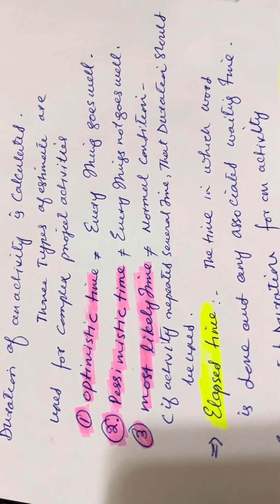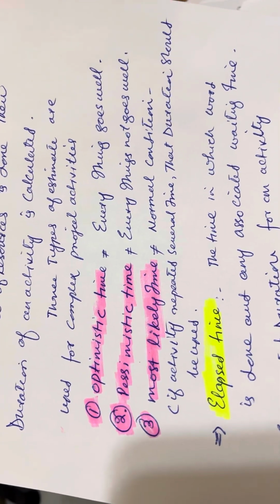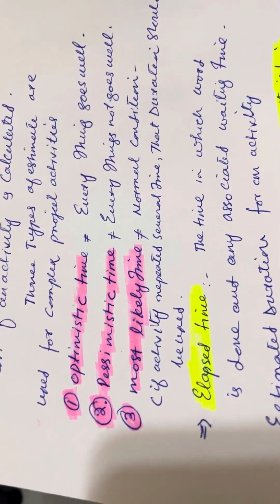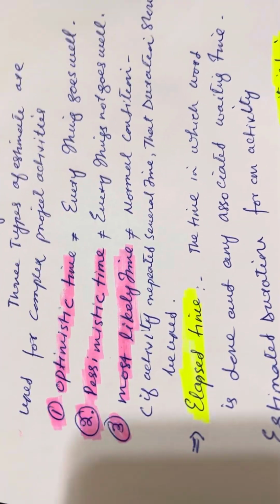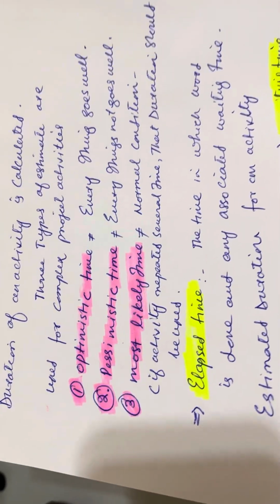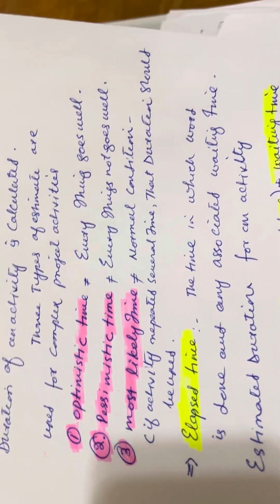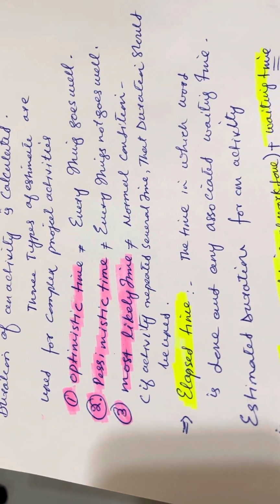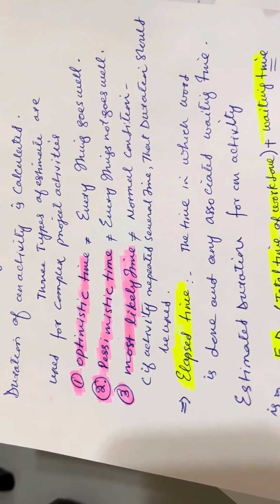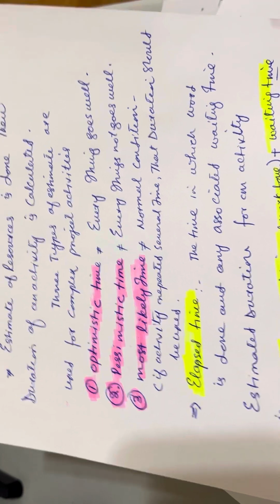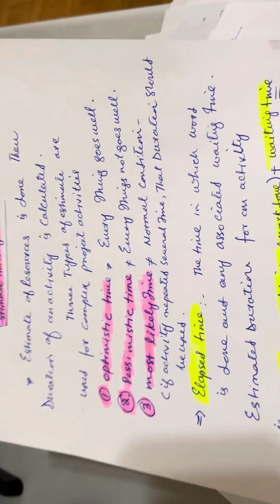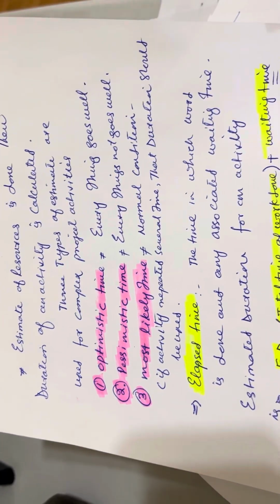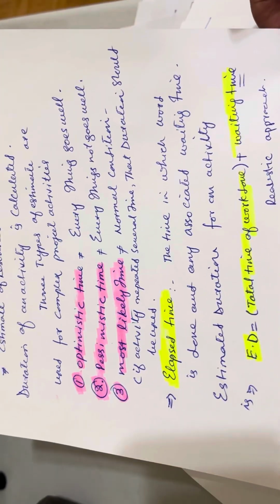There's weather, availability of resources, and many other things, and budget also. Money is not available most of the time in projects, not at the time. So everything does not go well. This is the worst condition. And the first one, optimistic, everything goes well.